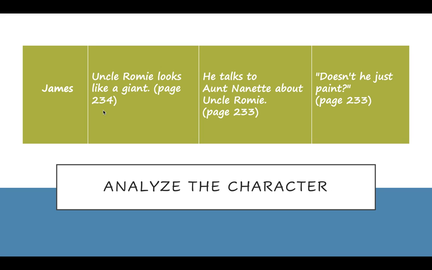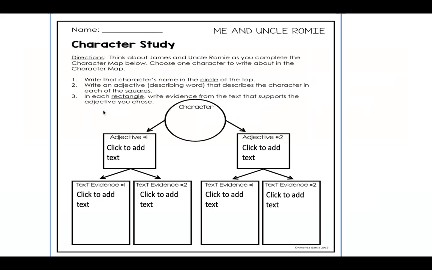So that tells you in his mind, he really doesn't know much about Uncle Romy. He knows him from a shadow. He's not close to him. He talks to his aunt about who he is. And then as the story grows, we can see that he gets to know Uncle Romy and he realizes that changes. So he's analyzing Uncle Romy. So these are his thoughts of analyzing Uncle Romy.